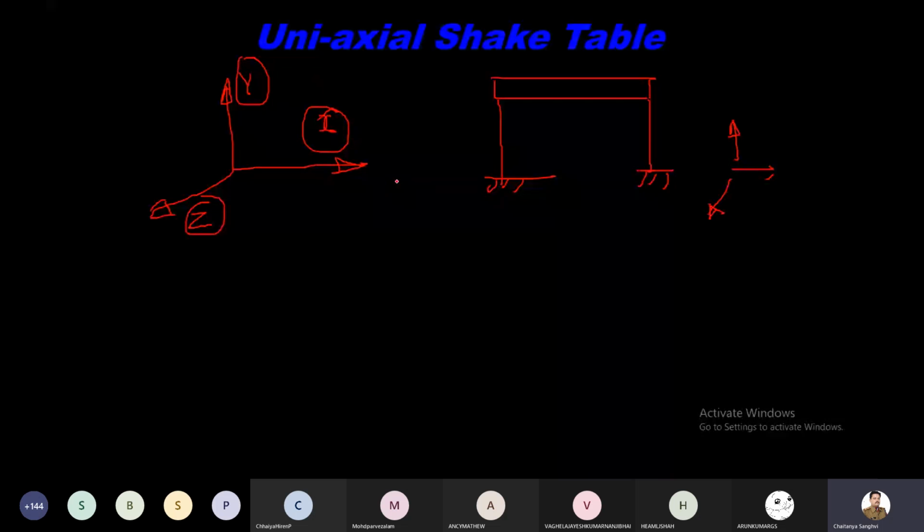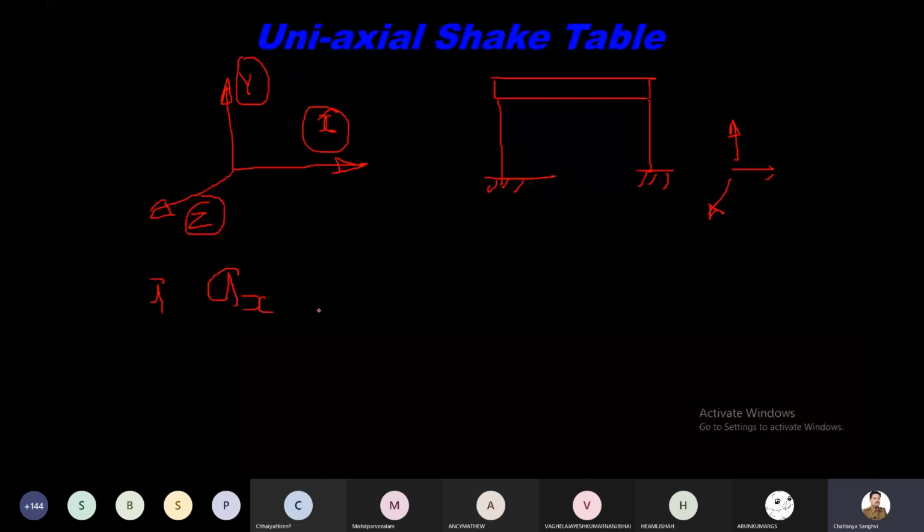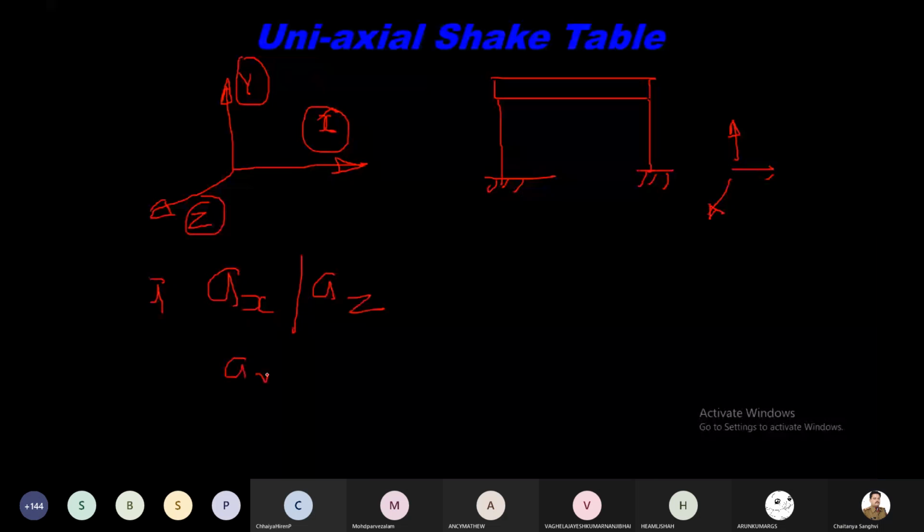Now for that we have to understand the acceleration, right? We talk about the acceleration of earthquake in X direction, or we can say acceleration of earthquake in Z direction. These two are horizontal directions, and this is the vertical direction, right? Now what is happening with the vertical acceleration? Generally this vertical component reduces very fast when you go away from the epicenter.